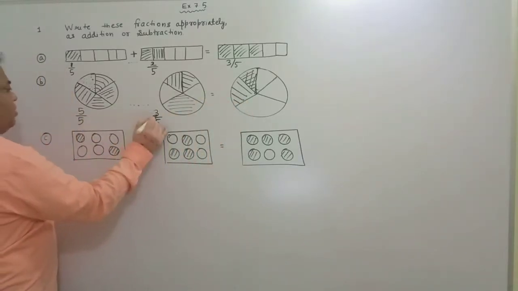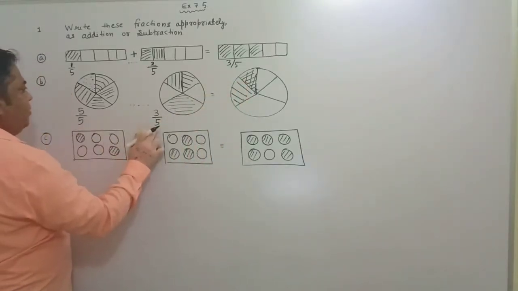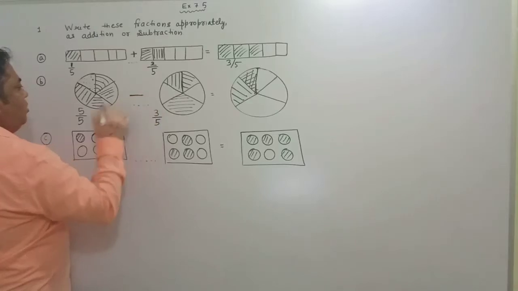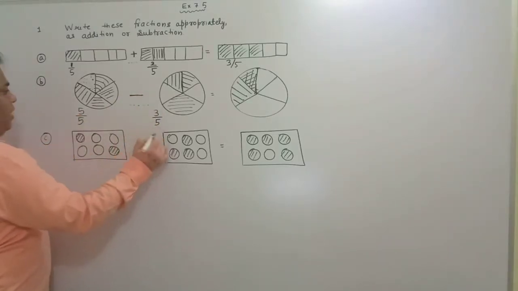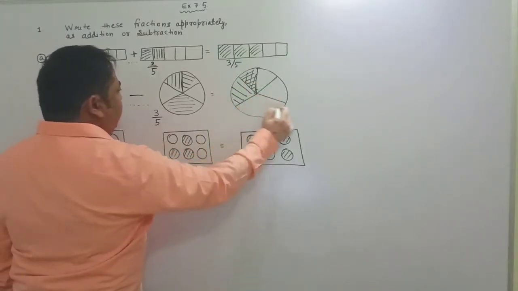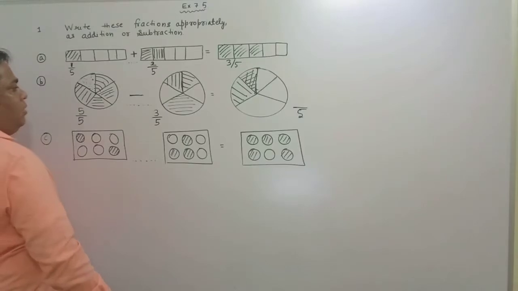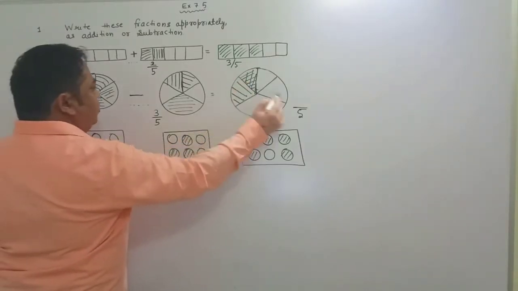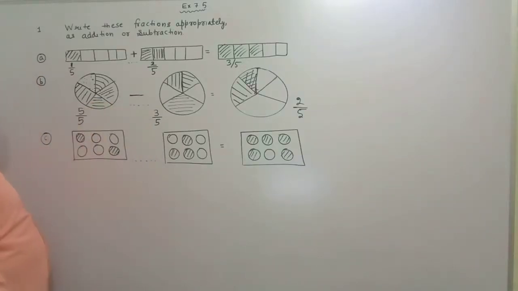If 5 minus 3 is done, it will become 2. The denominator is the same, so it can simply undergo subtraction. 5 will remain the same, but the number of sectors colored are 1, 2. So we will write 2. So the picture is agreeing with our calculation also.